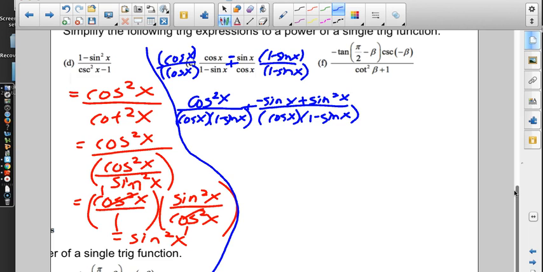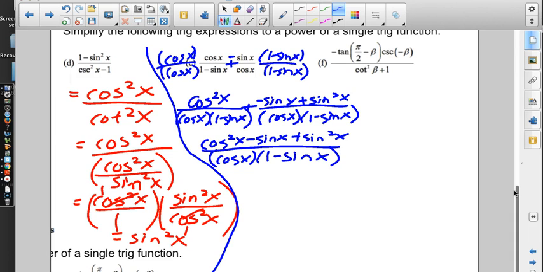Well, now I have a common denominator. I can go ahead and put them together. Cosine squared x minus sine of x plus sine squared x over cosine x times 1 minus sine of x.